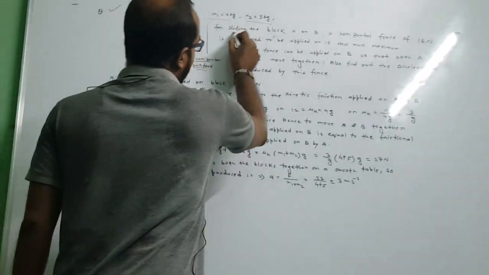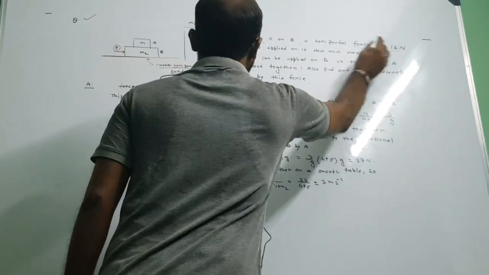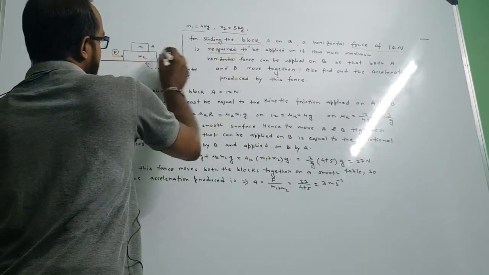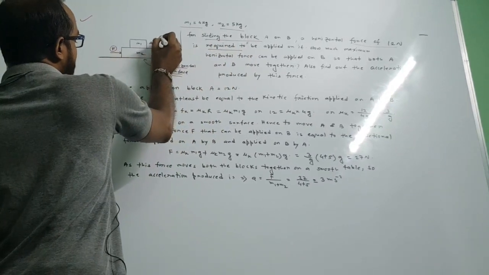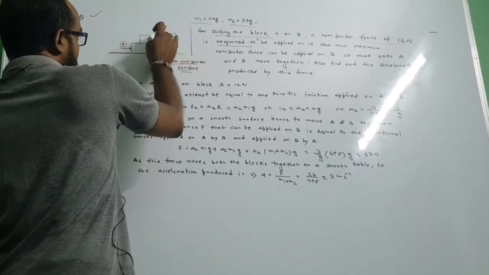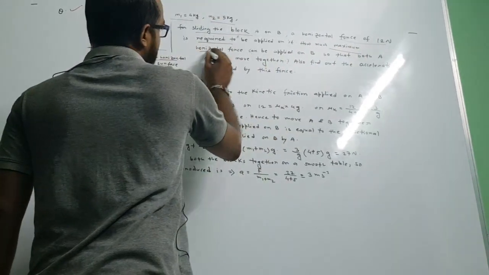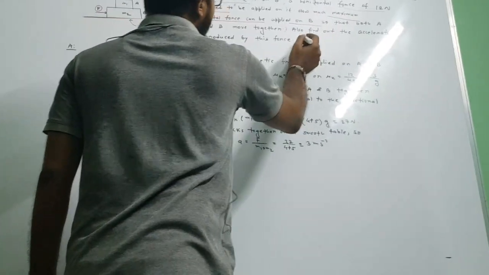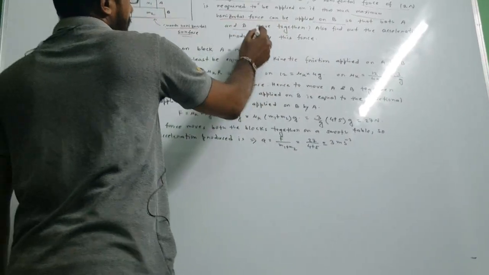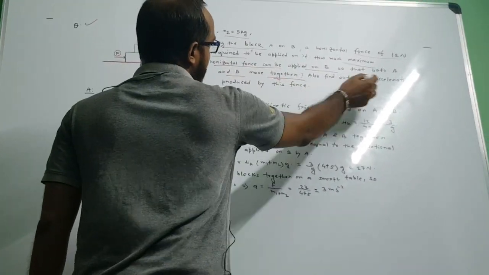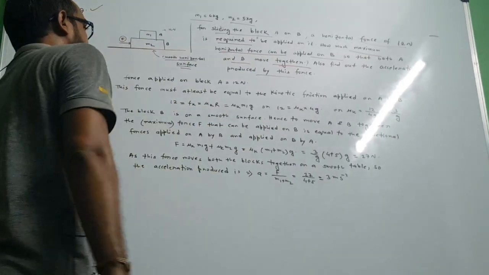The question is: for sliding block A on B, a horizontal force of 12 Newton is required. How much maximum horizontal force can be applied on B so that both blocks A and B move together? Also find out the acceleration produced by this force.